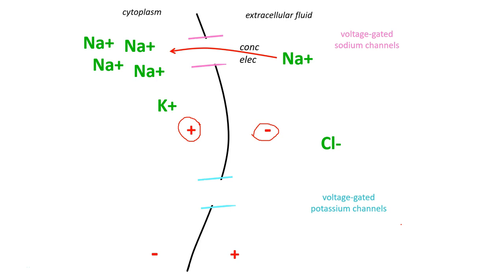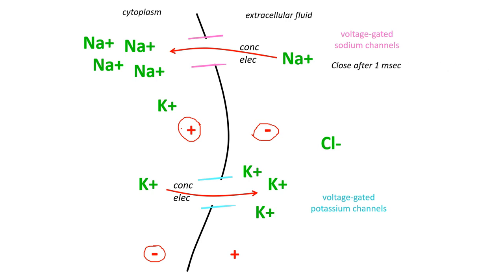But once they open, remember, the inside of the neuron used to be negative, but now it's positive. So potassium is going to go down both its concentration and electrical gradient to the outside of the cell, to get away from those positive charges and to where there's less of it.